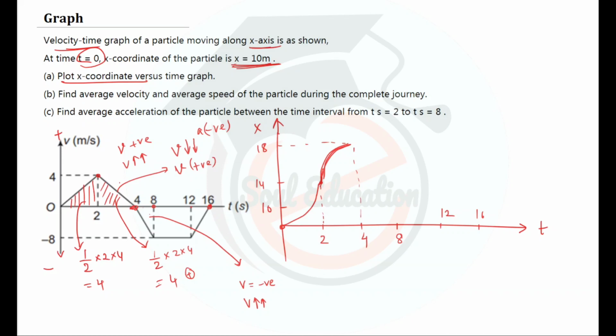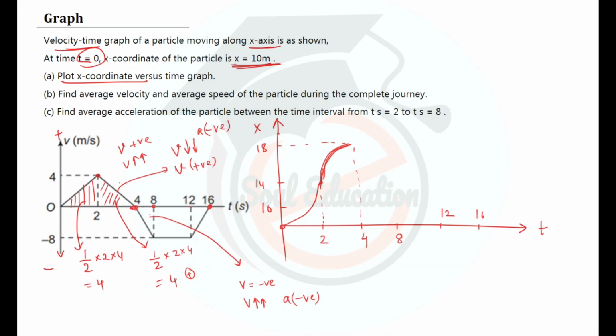Take the slope of the VT graph: theta is more than 90 degrees, so my acceleration is negative. Acceleration negative, velocity negative, and velocity is increasing. This is called uniformly accelerated motion in the negative x direction.